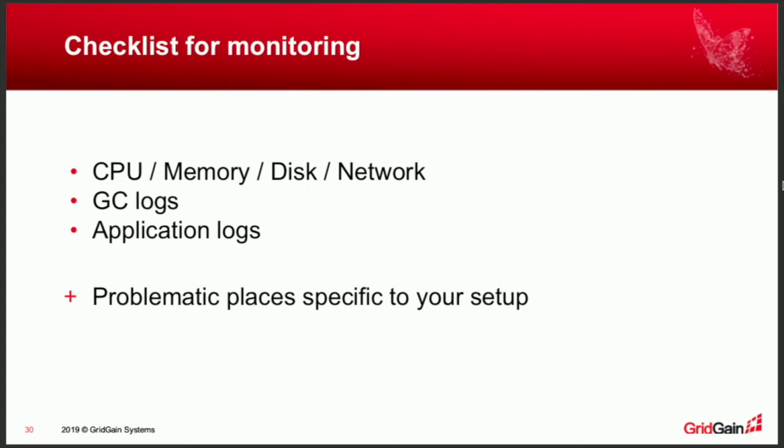We have seen that the important part of monitoring is making sure that you have enough resources. CPU, memory, disk, network are the basis of your distributed system, and if you don't have enough of them, then you're going to have problems at higher levels.